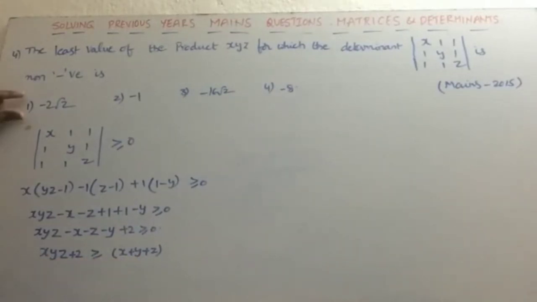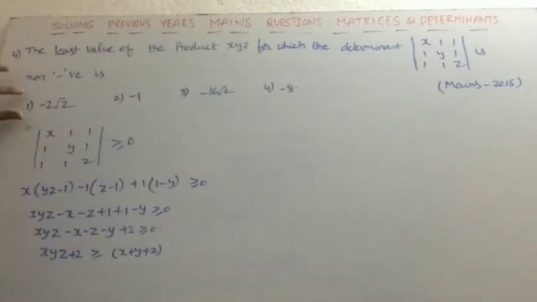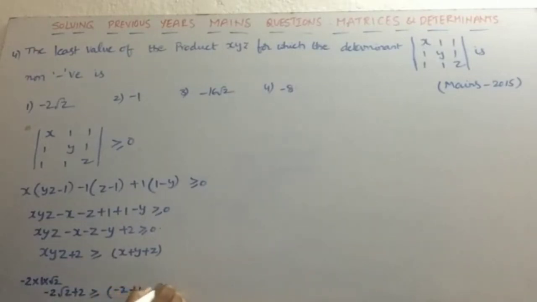Now we will substitute the options. First we will take minus 2 root 2 as xyz. So I will take minus 2 into 1 into root 2, that is minus 2 root 2. x is minus 2, y is 1, z is root 2. Then xyz plus 2: minus 2 root 2 plus 2 is greater than or equal to minus 2 plus 1 plus root 2.